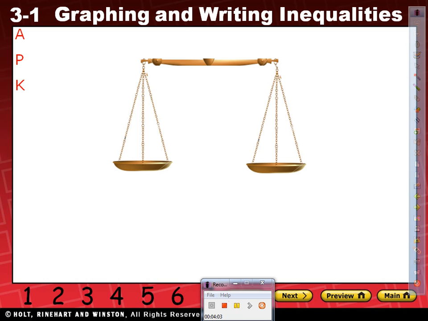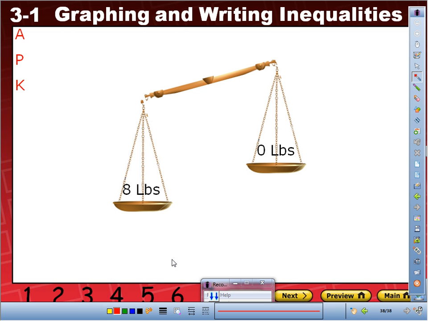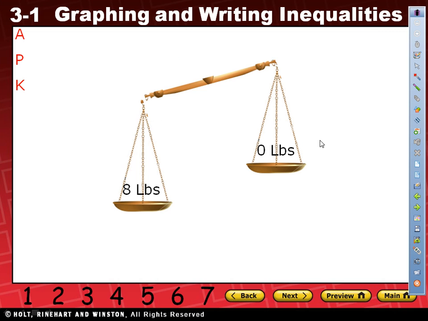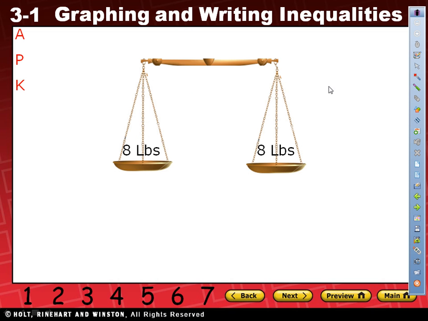I introduced this using beans, and I said if I add 8 pounds of beans to this side, what's going to happen? It drops. So if I compare these two numbers, 8 and 0, the original position of this bar is about right there. Do you see the arrow forming? Yes. So to compare this using the inequality symbols, 8 is greater than 0. Everybody see that? But as soon as we add weight to the other side, it becomes an equation because it balances out again. Are we there so far?